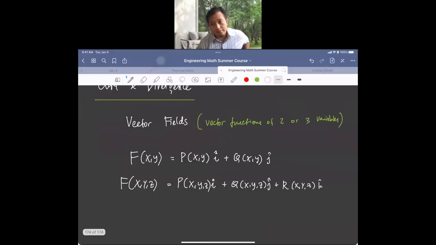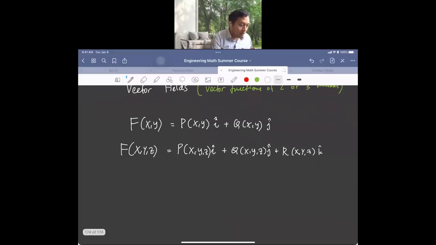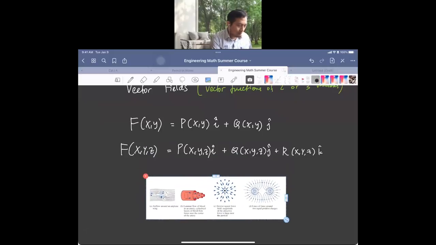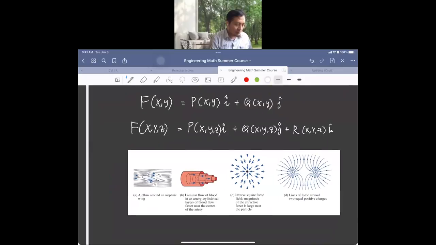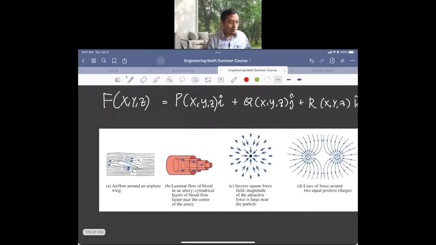To represent these fields in physics, we can have airflows, the positive and negative charge, how the force is represented. Okay, let me check whether I have the picture. Oh, I have it here. So here are some examples of how we can represent vector fields.